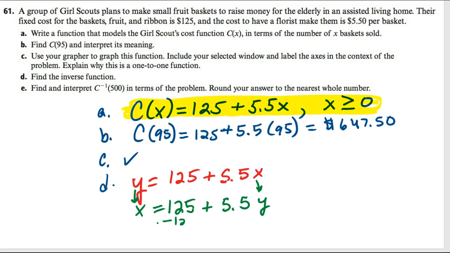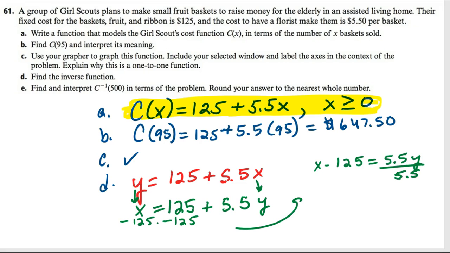So I'm going to subtract 125 from both sides. Let's bring this over here. So it's going to be x minus 125 is equal to 5.5y. And I'm going to divide both sides by 5.5.